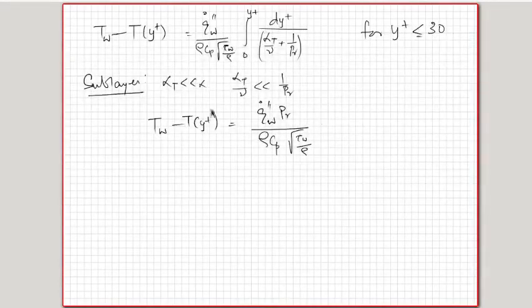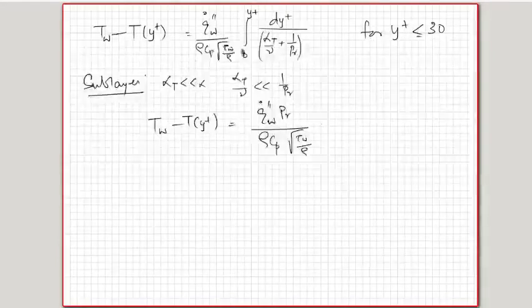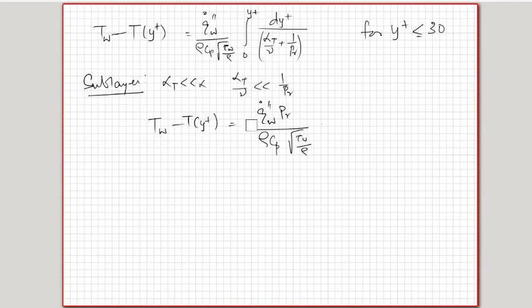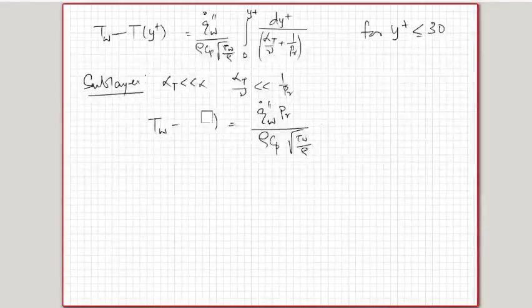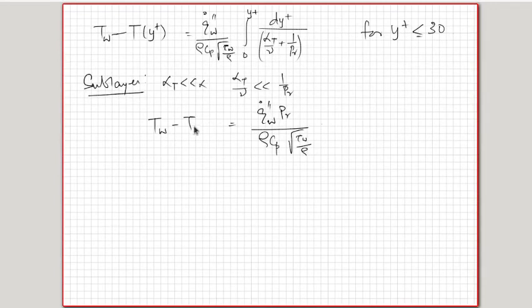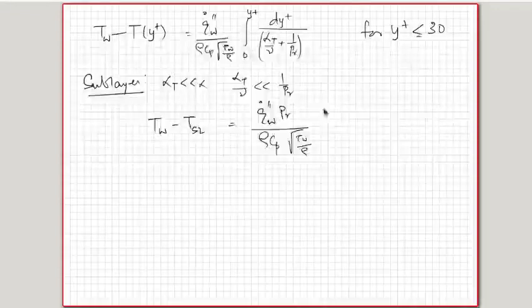Integrating from 0 to 5, so this will be y plus equal to 5. So if I integrate from 0 to 5 through the sublayer, then I'll get T at y plus equal to 5, which is actually T SL. Okay, and this integral will be y plus between 0 and 5, so it will be 5.